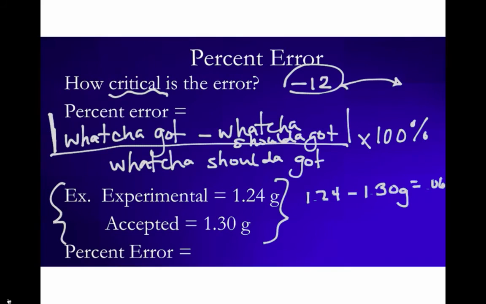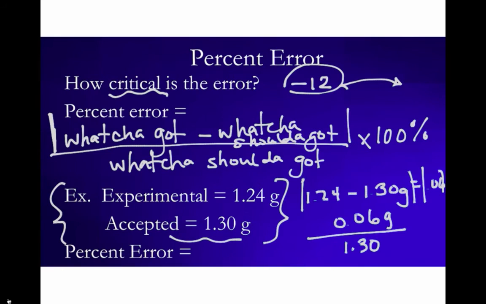Then I'm going to take the absolute value of that number. So that's still going to be 0.06 grams, and then divide that by the accepted value, the true value, because that's what I should have got. And then we'll be able to say, is a 0.06 error really bad, or are we doing okay?